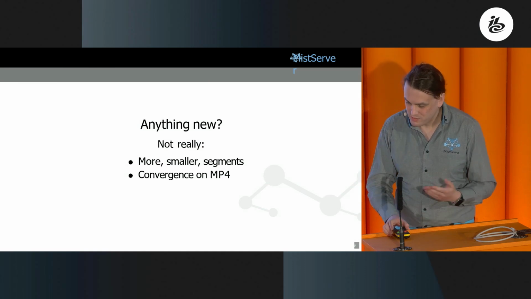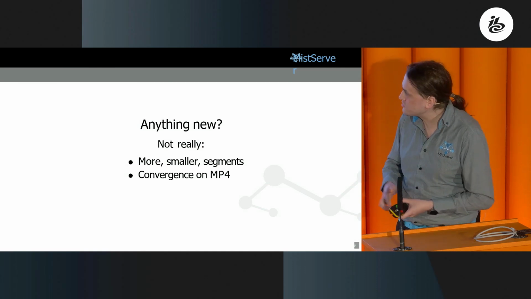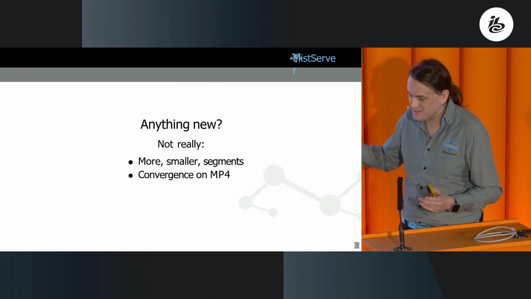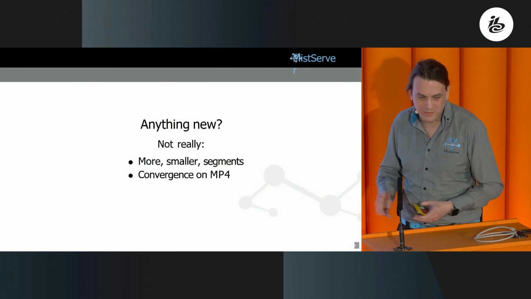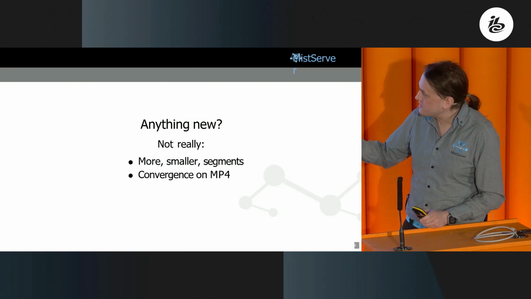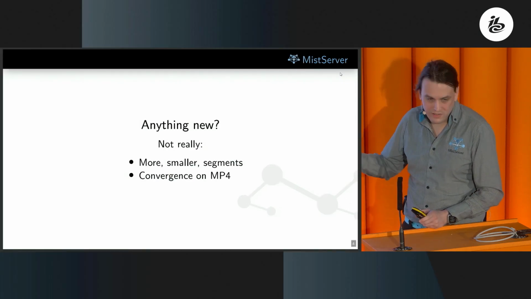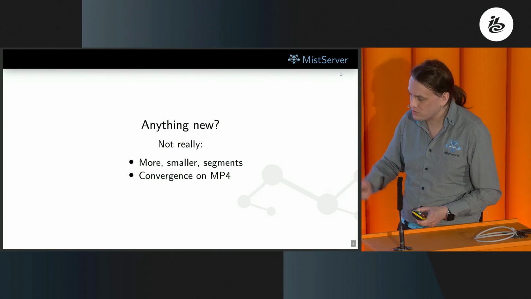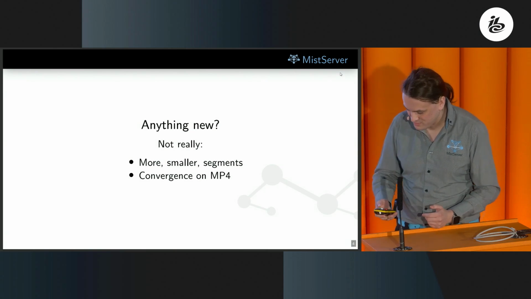MP4. So both HLS and Dash have kind of converged on using MP4 segments, FMP4 specifically, but that's just a fancy name for MP4 in smaller pieces. And to decrease the latency, say with LLHLS, they've made smaller segments that they can request more often. But there's nothing really interesting there.